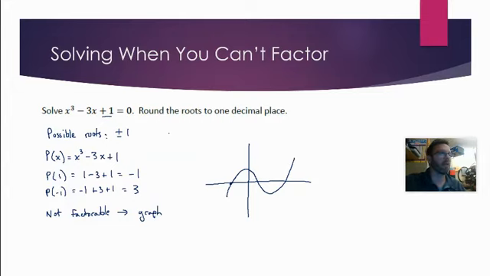And we got three x-intercepts that Desmos showed us. And to one decimal place, we got about negative 1.9. This guy was about 0.3, and this guy was about 1.5.